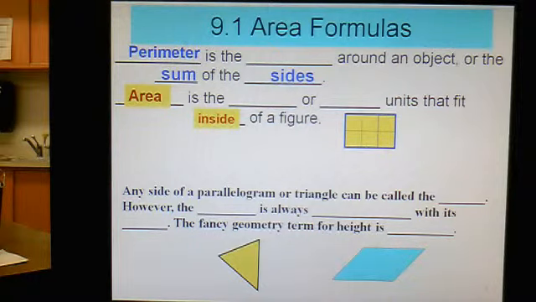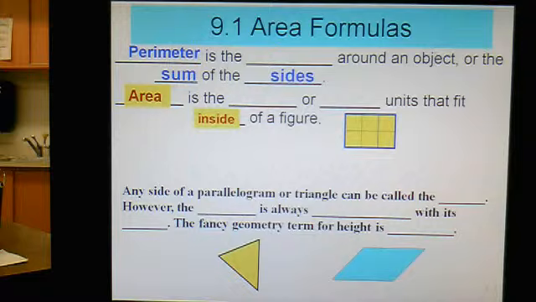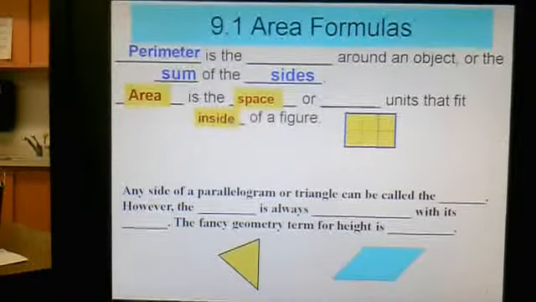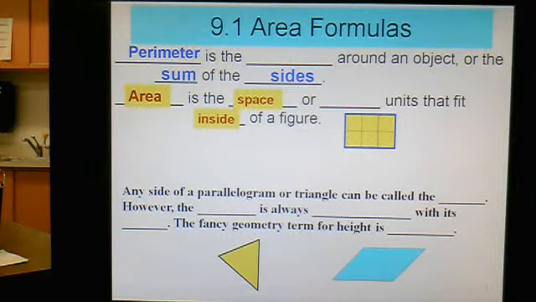So on your paper, try to grid this little rectangle up into a 3 by 2 rectangle, so you can actually see that it's space, literally the number of squares that fit inside a shape. It is square units, but it's actually squares. It's 1 by 1 squares.